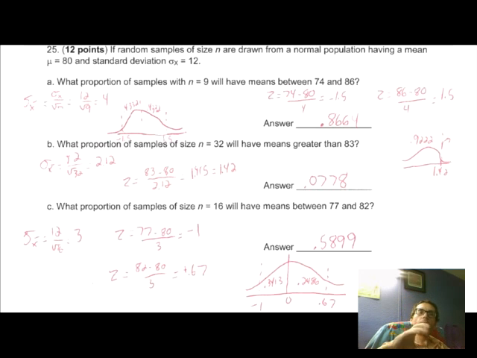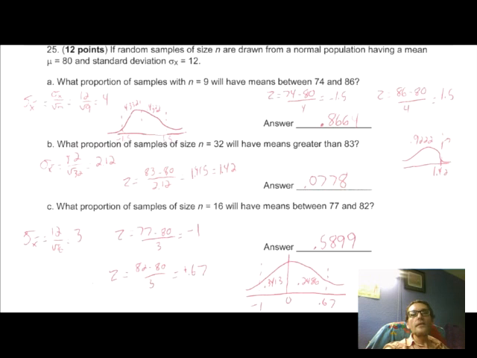So let's start out and get those standard errors. Because for the three questions here, you're going to need a different standard error because you have a different sample size. And so for the first one, standard error equals sigma of 12 over the square root of 9 and we get 4.